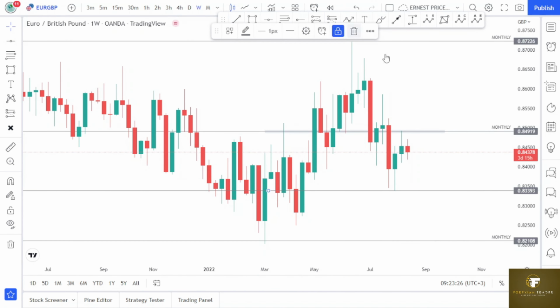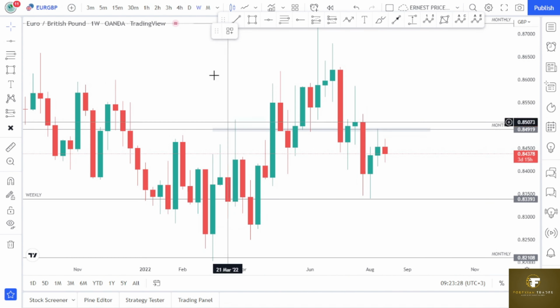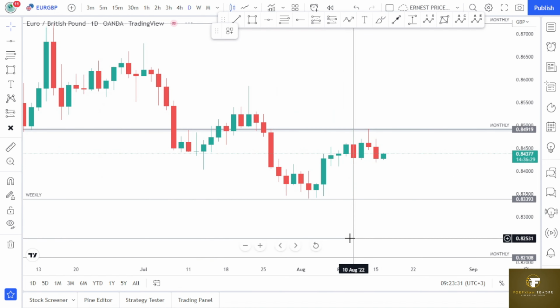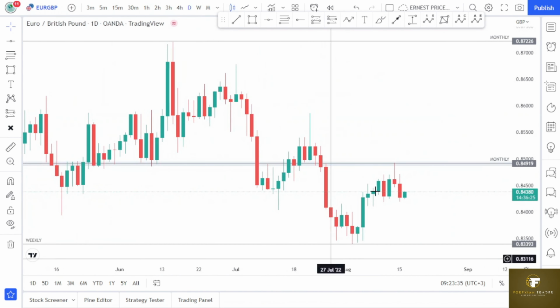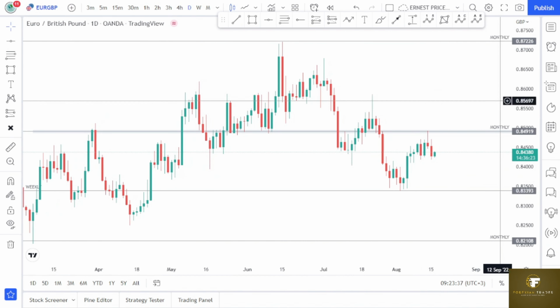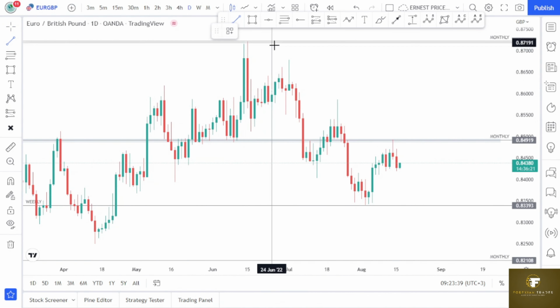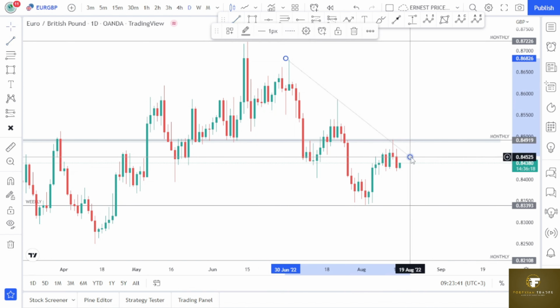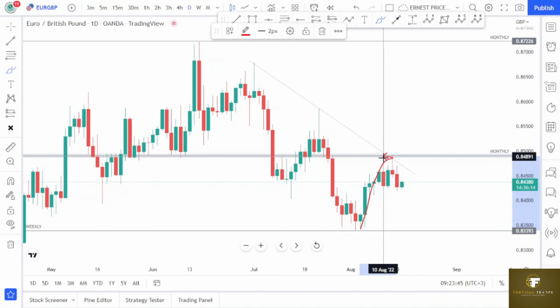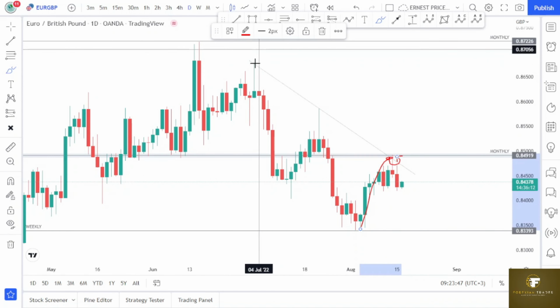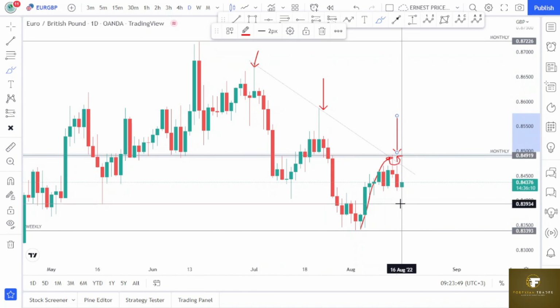So now I drop to the daily time frame. On the daily time frame I had multiple levels where I wanted to make my entry. First I had this trend line here. I knew price needed to make a tap on this trend line, like the first, second, third touch.